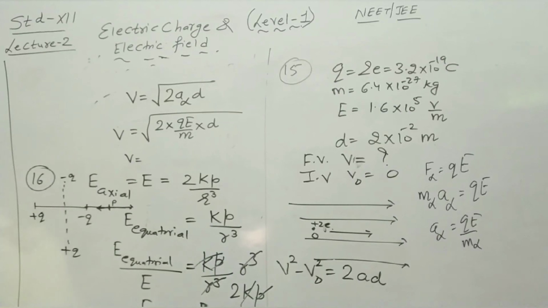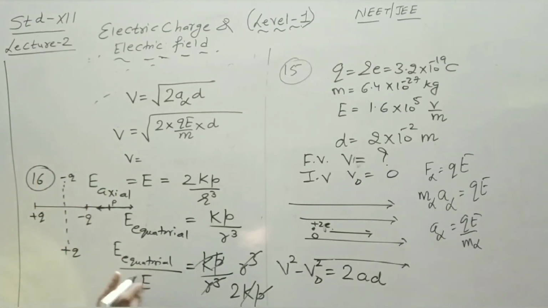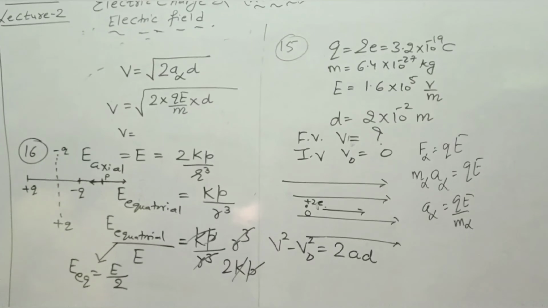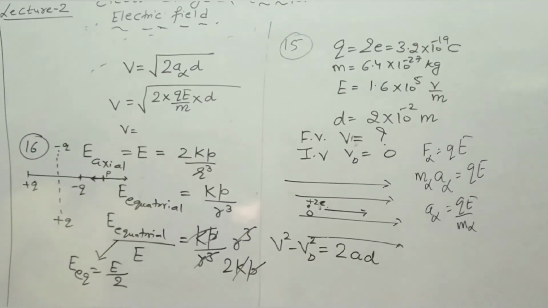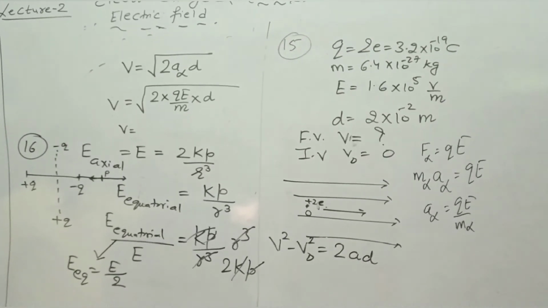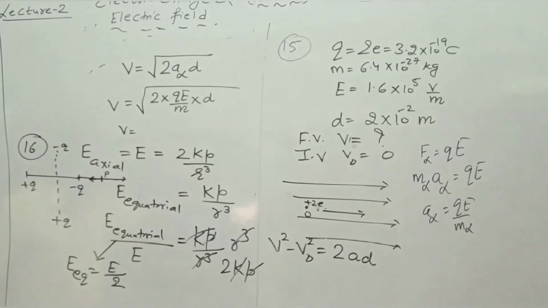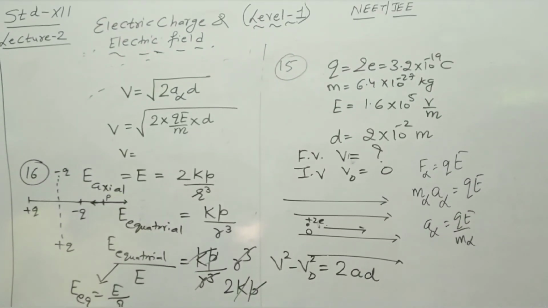So it is clear that if you take the ratio, E equatorial will be equal to E by 2. And we have written the note also that if the distance is the same, the equatorial electric field intensity is half that at the axial point.